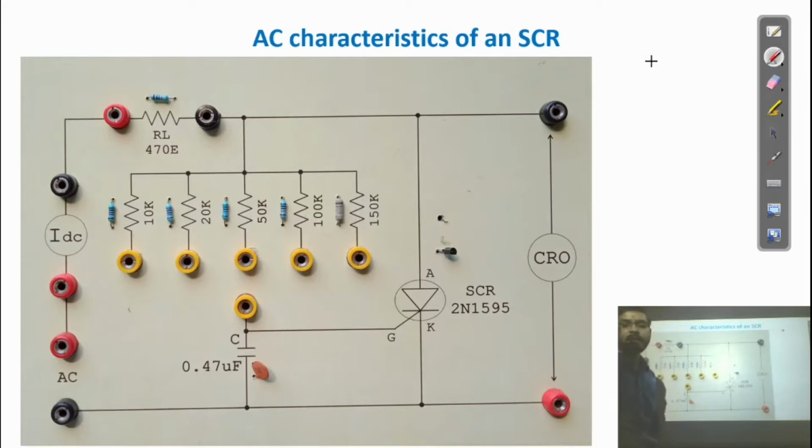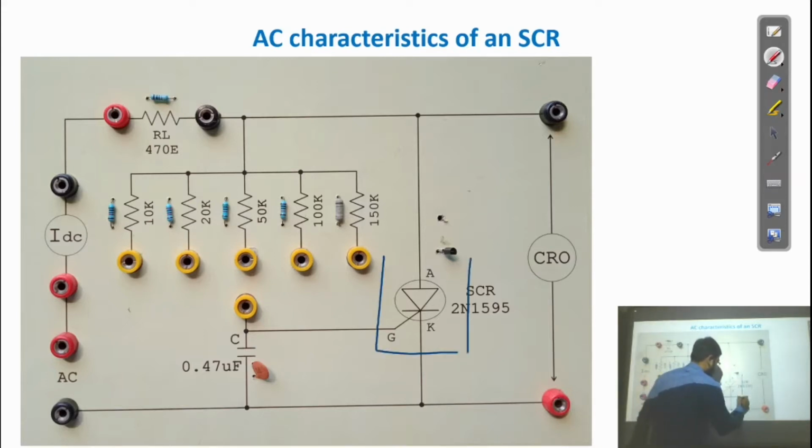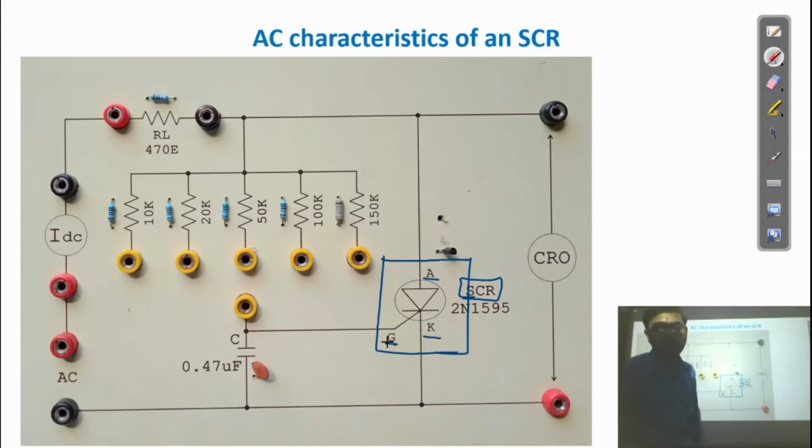As this is the SCR, we can see it has an anode, cathode and gate, right?